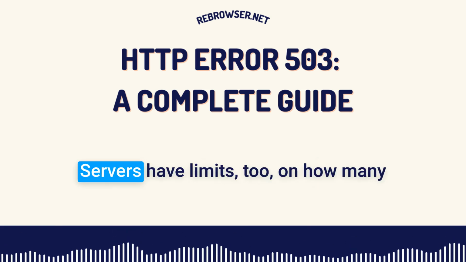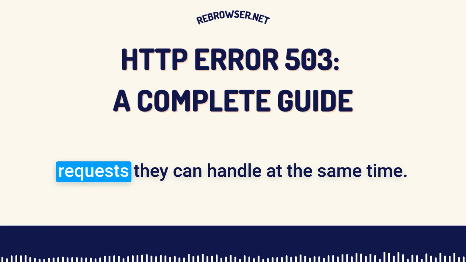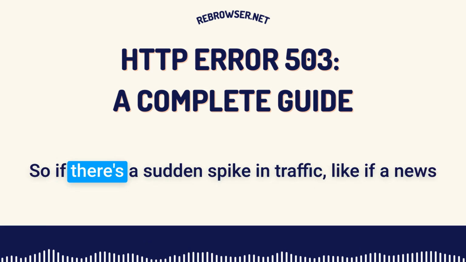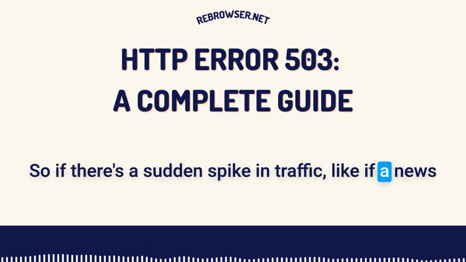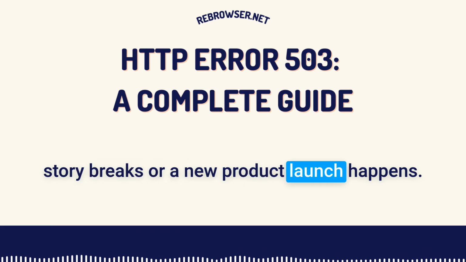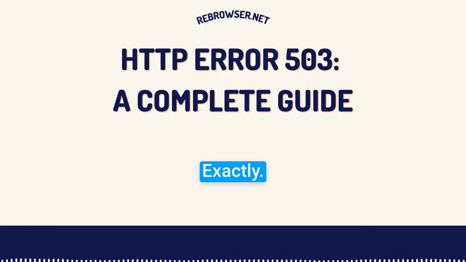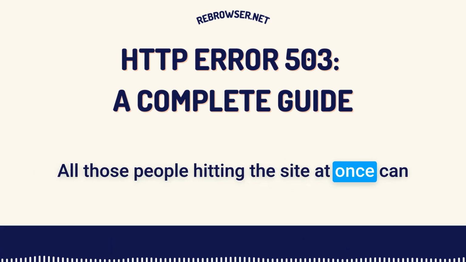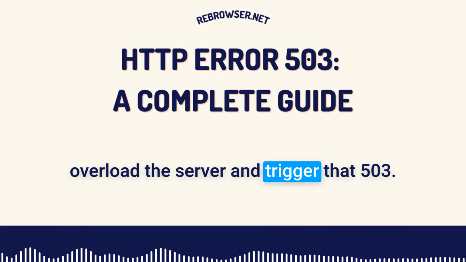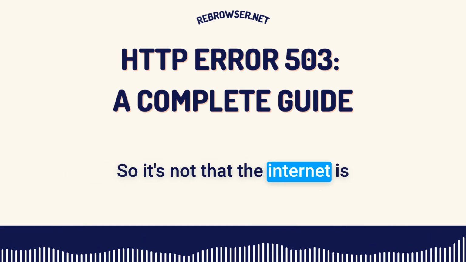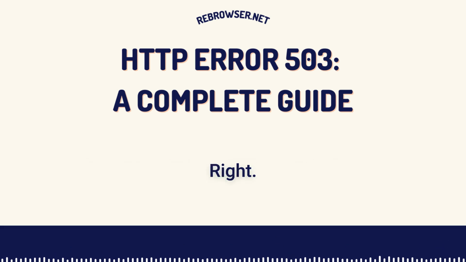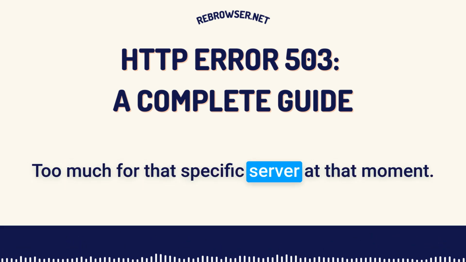Exactly. Servers have limits on how many requests they can handle at the same time. So if there's a sudden spike in traffic, like if a news story breaks or a new product launches. Or even if a meme goes viral. Exactly. All those people hitting the site at once can overload the server and trigger that 503. So it's not that the internet is breaking, it's just too much at once. Right, too much for that specific server at that moment.